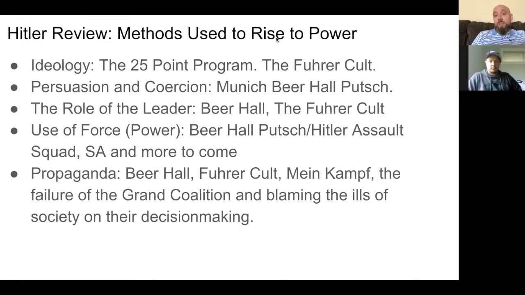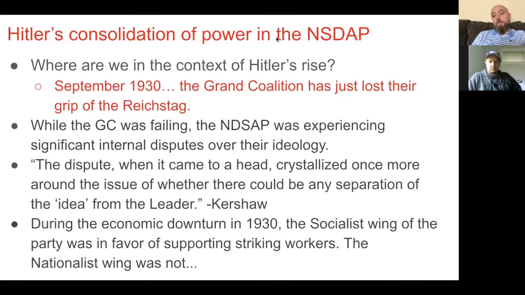All of these events that we've covered were used and employed by Hitler and the NSDAP to make their movement appear to be what was best for the people of Germany and for the future of the united nation of Germany. So this is just a review on what we've covered and how it fits into the 5 methods employed by at least one authoritarian in Adolf Hitler.